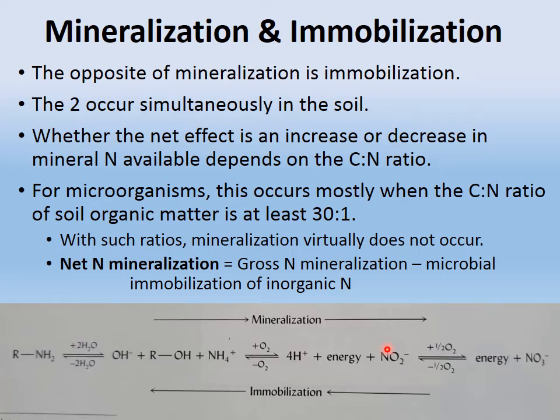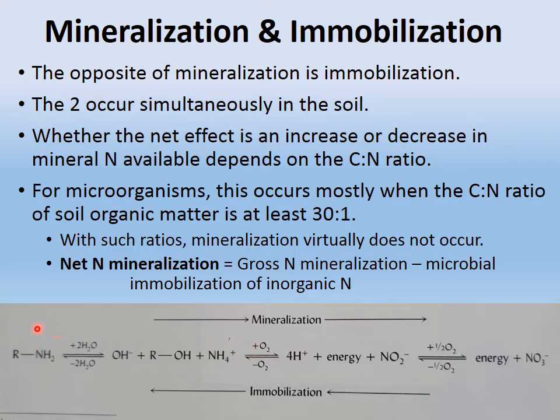So this chemical equation just shows what is happening when mineralization is taking place, and also what is happening when immobilization is taking place. And from this equation you can see that mineralization is the opposite of immobilization.